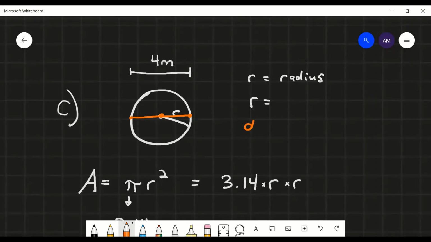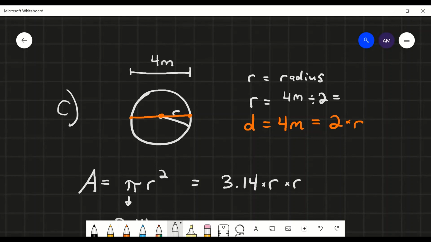The diameter is just 2 times the radius; the radius is just half of the diameter. So always just take the diameter and divide it by 2, and you'll get 2 meters in this example as the radius.